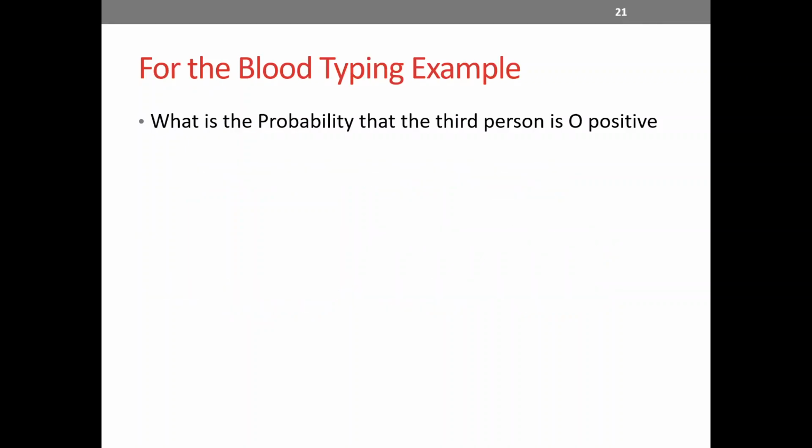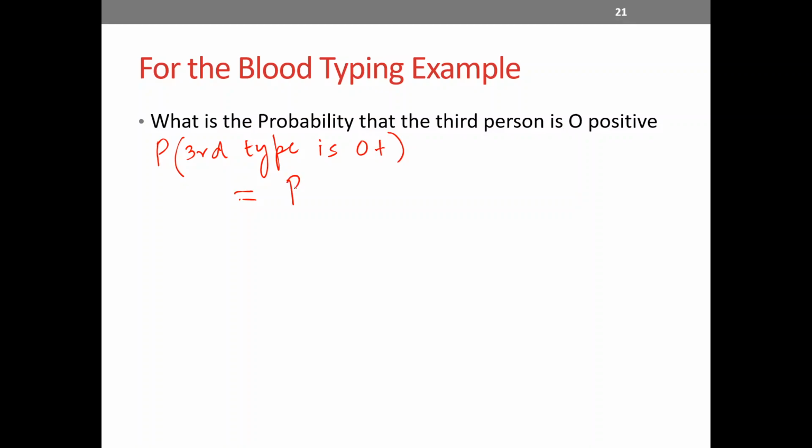Okay, so for example, expanding on what we already saw in our first example for the blood typing experiment, what happens if we are interested in the probability that the third person is O positive, right? So let me write it down. I'm interested in the probability that the third type is O positive, right? Now I can utilize the multiplication rule here.